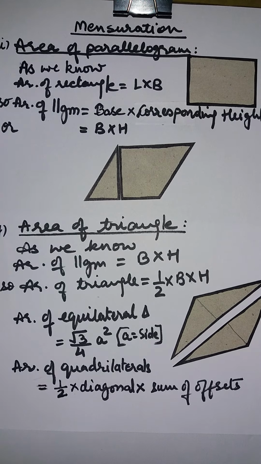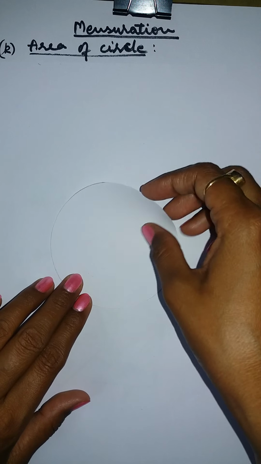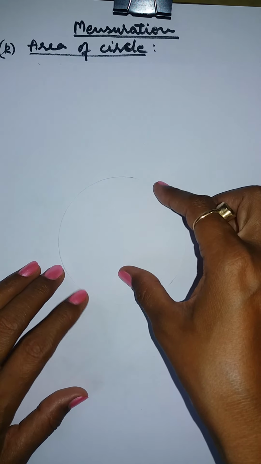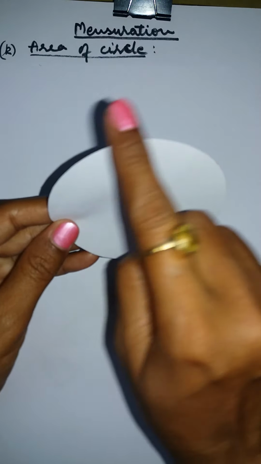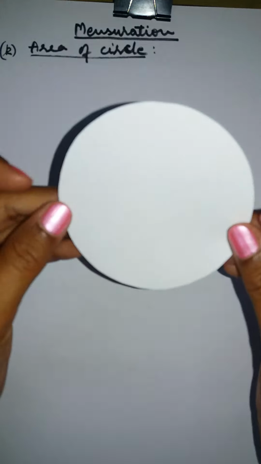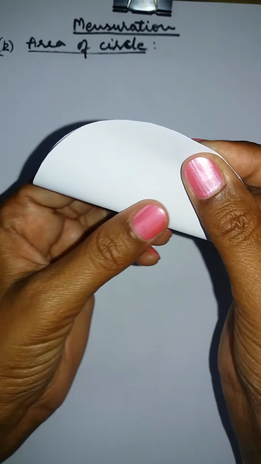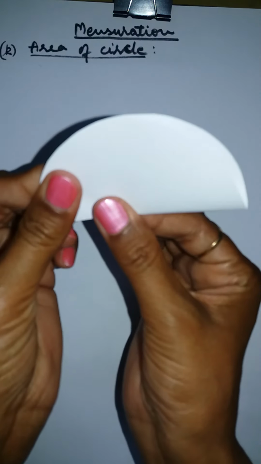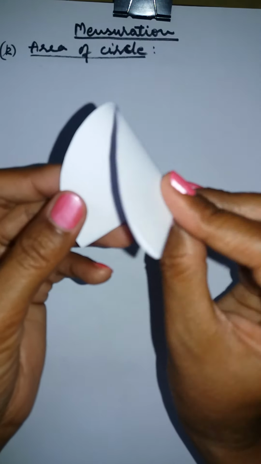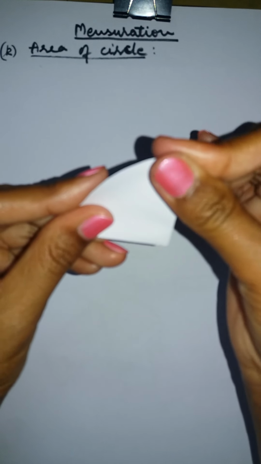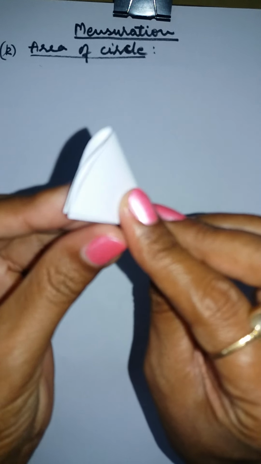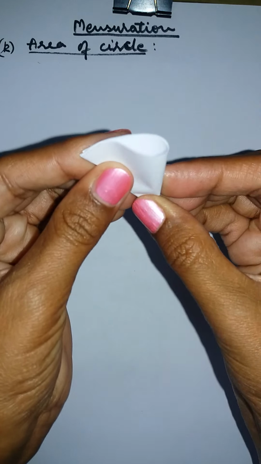We derive it. Last but not the least, the area of the circle. We know this is a circle. We do paper folding work here. By one fold we get a semicircle, by two folds we get a quarter circle, and further we fold it and we get sectors here.